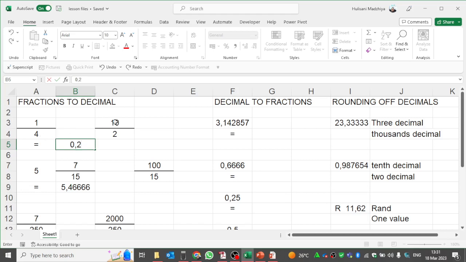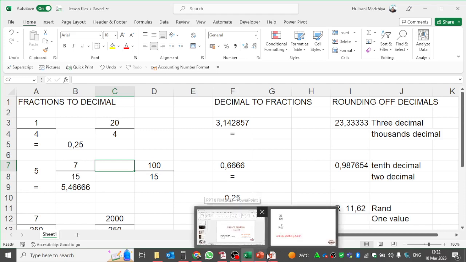So 4 will go 2 times into 10, and then it's going to leave a remainder of 2, and once it leaves a remainder of 2, we always add a 0 on the remainder. So we're going to add a 0, and then we're going to say 4 into 20, that's going to be 5 times. So therefore our final answer becomes 0,25 because it didn't leave a remainder this time to be calculated going forward.